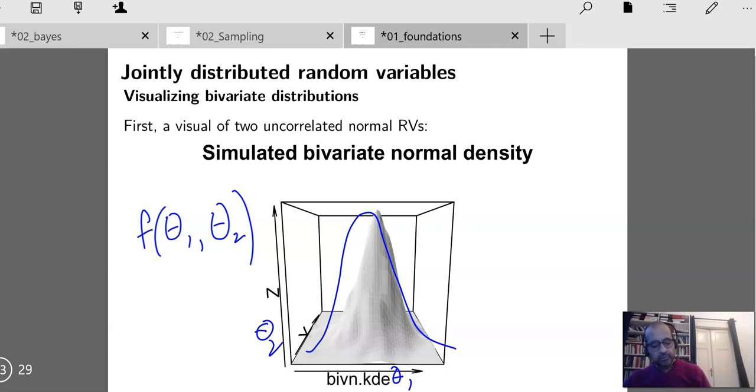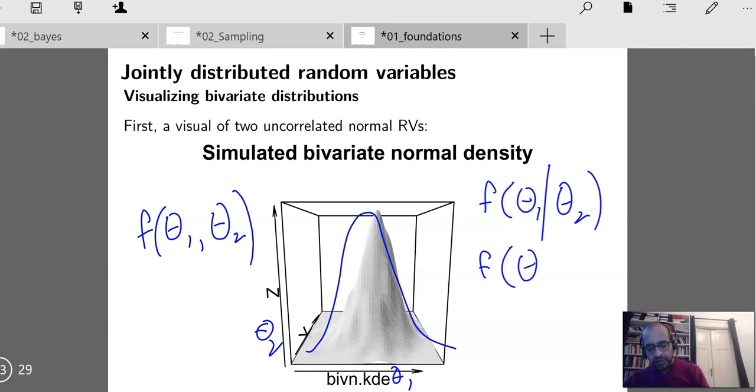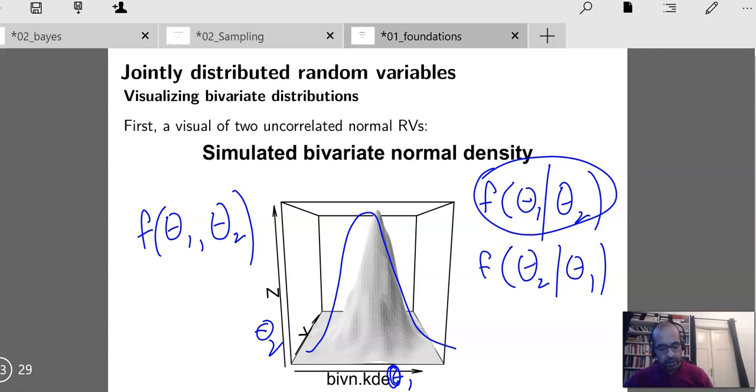Now it turns out we can easily work out in this situation the conditional distribution of theta 1 given theta 2 and the conditional distribution of theta 2 given theta 1. What I want to know, for this first term here, is the conditional distribution of theta 1 given theta 2. I'm going to take one slice from theta 2, from this side, one slice through this distribution, right?